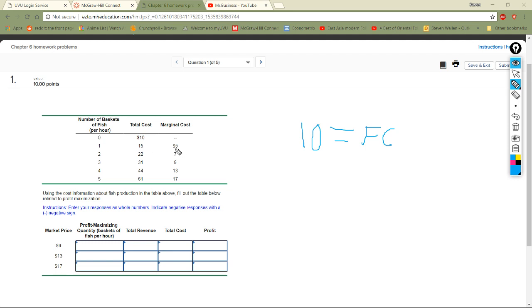Marginal cost is 5. So it's literally just doing the math for us, letting us know how much each of these extras costs us. If I do 2, it's now $22 total cost, and the marginal cost is $7. So it costs $7 to add that second extra hour. This one, 3, 31 is now the total, and it costs 9 to add that next one, and it keeps going up, okay?